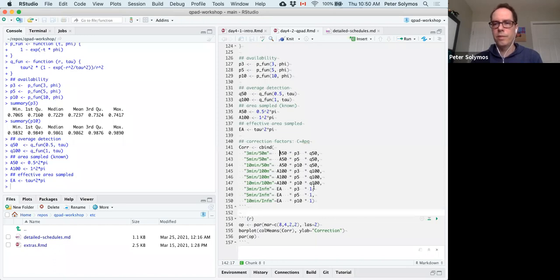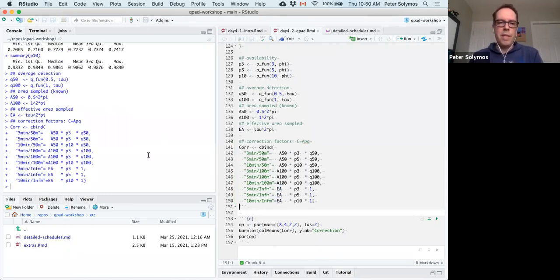Q, we just use 1. This is here so that we don't forget what we are doing. It just kind of yells at us that this is unlimited. And then EA, which is the effective area sampled, is used here. So now we have this matrix, which is going to match our YC matrix.